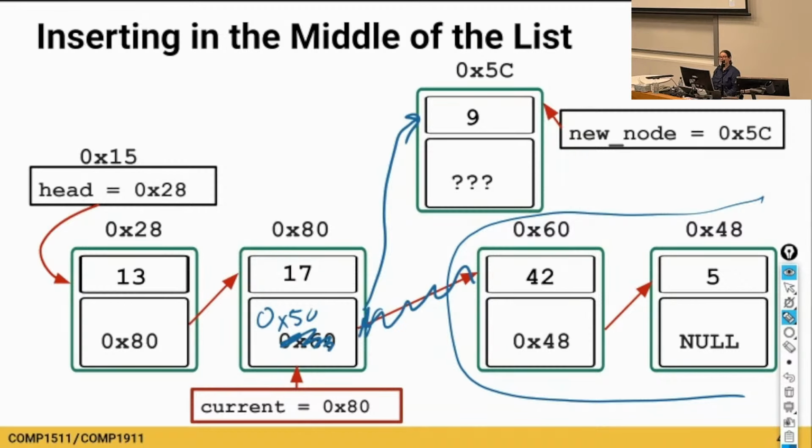Why can't we let 0x60 go below the 0x5C? Wouldn't that just connect the link? If I took the 0x60 below the 0x5C, like this? Yeah, so what we want to do is put this address in here to connect it, but we've lost that address.